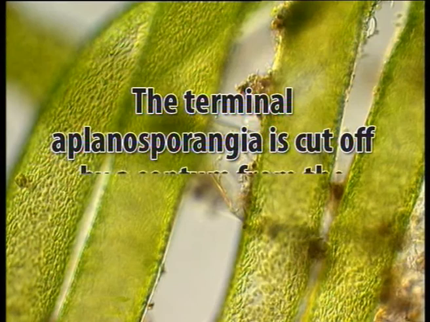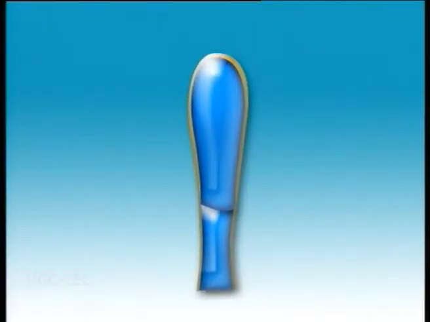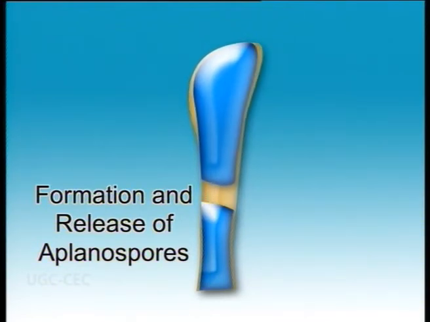The aplanospores develop at the ends of short laterals or terminal branches in aplanosporangia. The terminal aplanosporangium is cut off by a septum from the branch. The protoplast of the aplanosporangium is converted into a single rounded thin-walled aplanospore which is liberated by the irregular rupture of the sporangial wall.